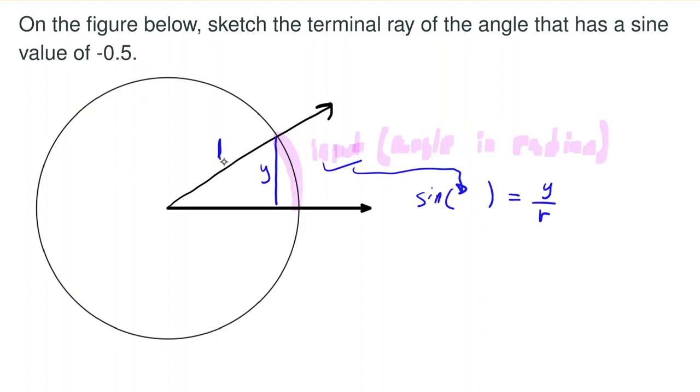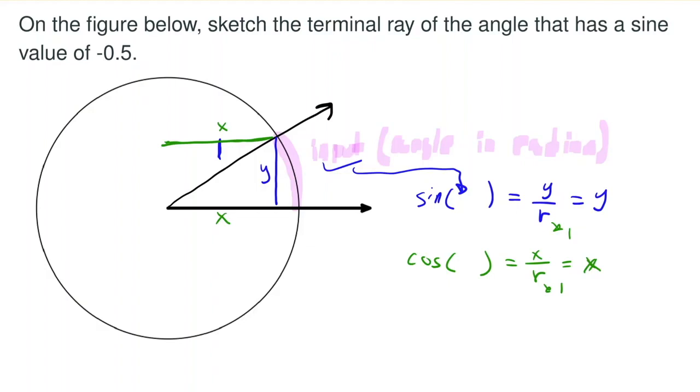In this case the radius is 1, so it's just y. Cosine represents this length, x, divided by the radius, so in this picture it is x, because the radius is 1 here and here. But the radius is not always 1; in this picture it is.